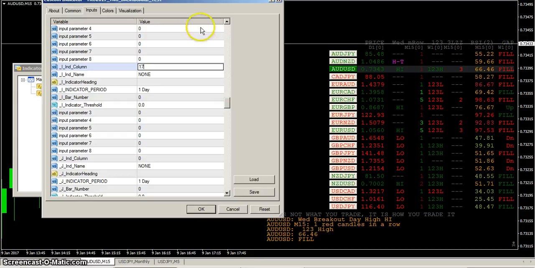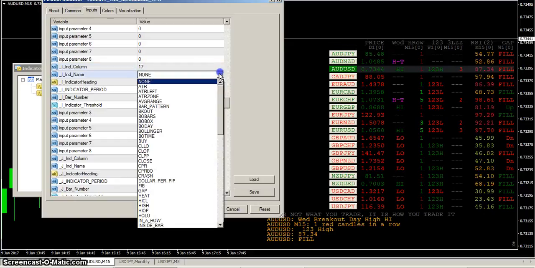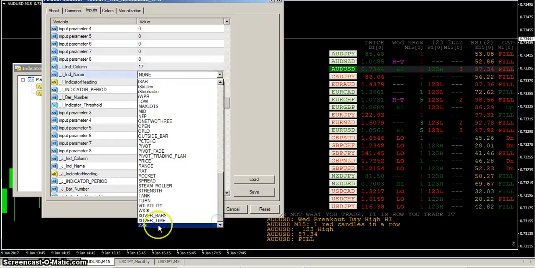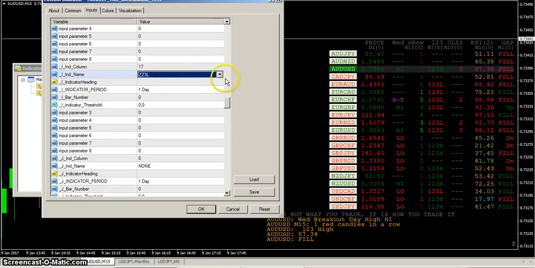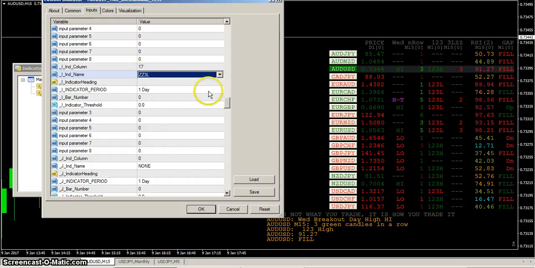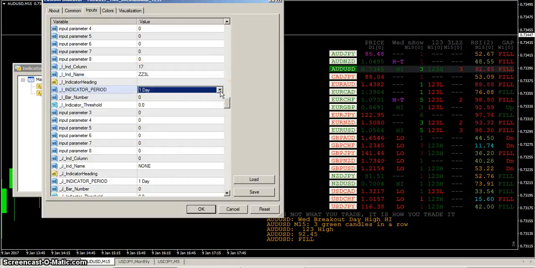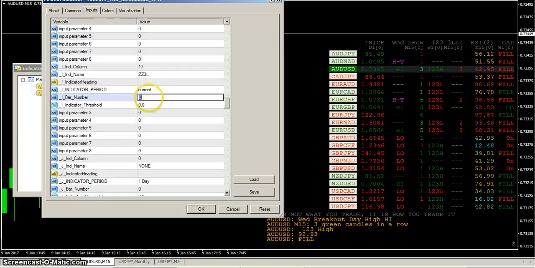It's going to take whichever indicator's first to put it here. Now we said column 17, it's going to put it right next to it. So let's get the three-level ZZ. It's called the ZZ3L because the code doesn't like to have numbers start them off. And what we'll do is set this to current, and we're going to use bar number 1.